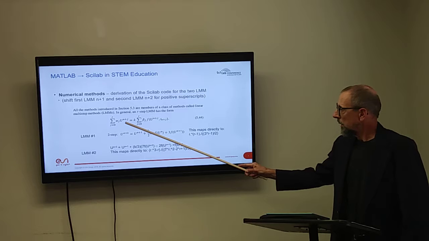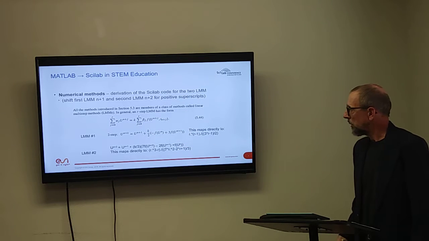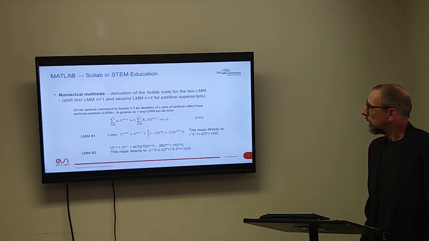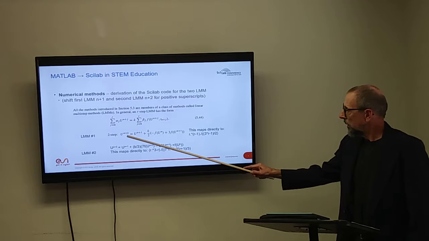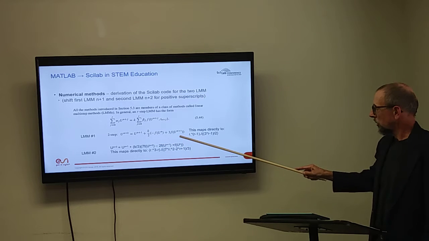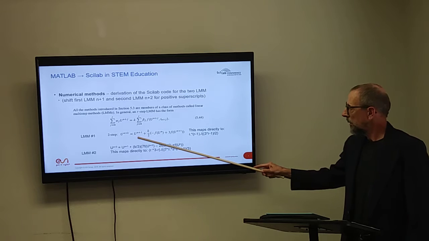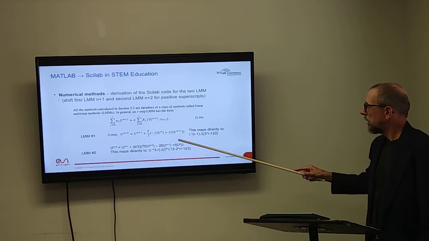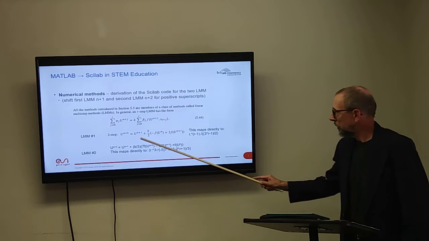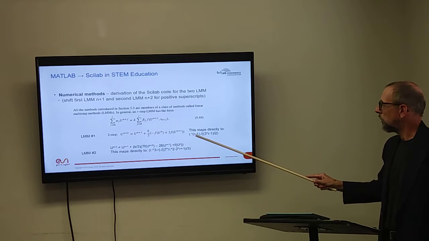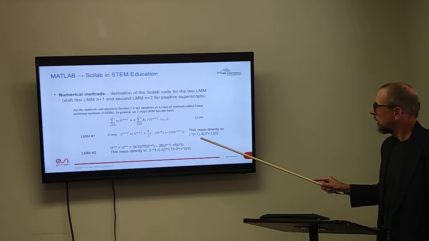Notice that the exponents match the subscripts of the previous functions. Once the function is shifted to get rid of the negative subscripts, then this can be directly coded into what I used for doing the plot in Scilab.